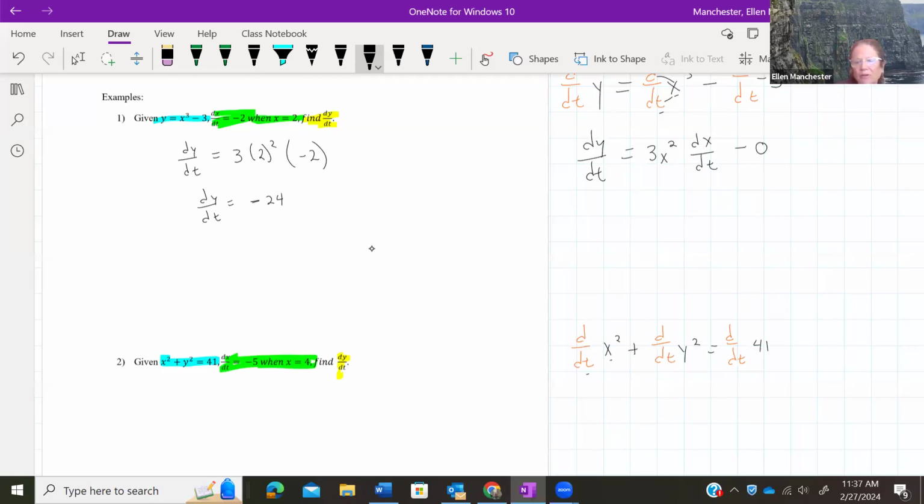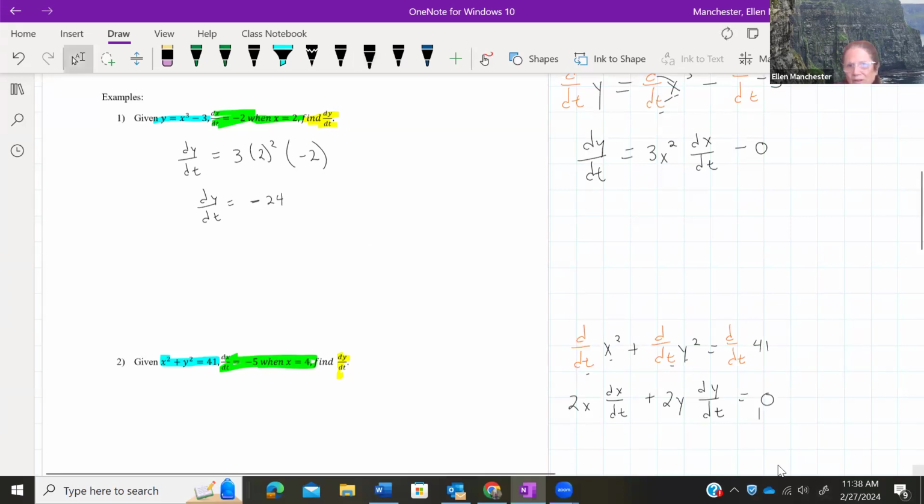I have different variables. So the derivative of x squared is 2x. I peeled the 2 off. What's left is dx over dt. I have different variables again. So my derivative of y squared is 2y. I peeled that 2 off. What's left is dy dt. And then the derivative of a constant is just 0.